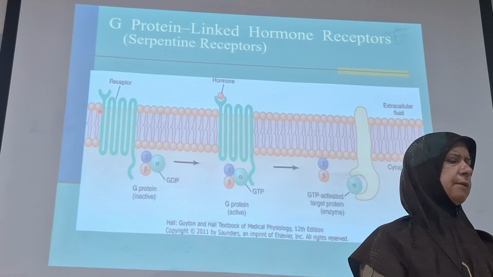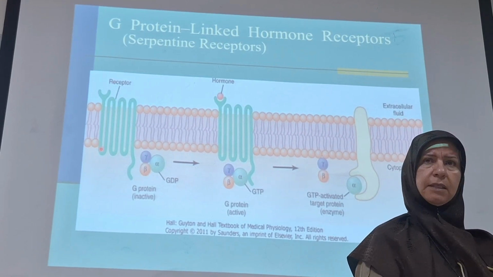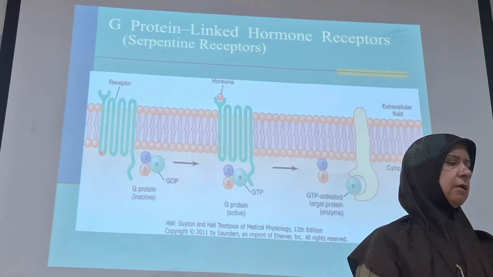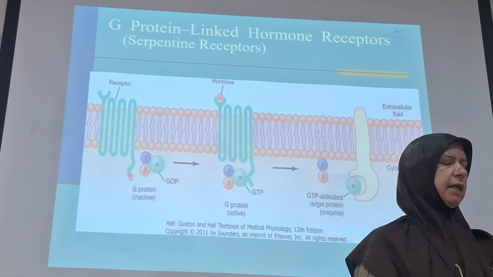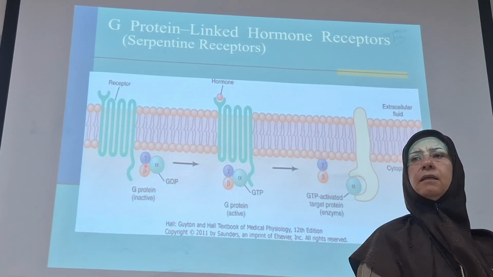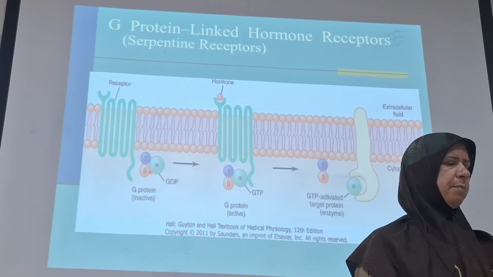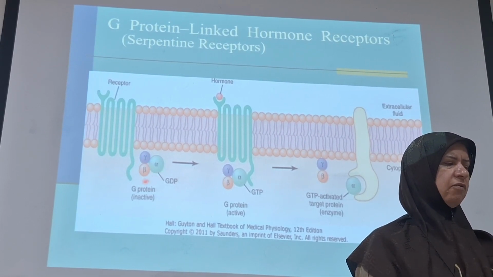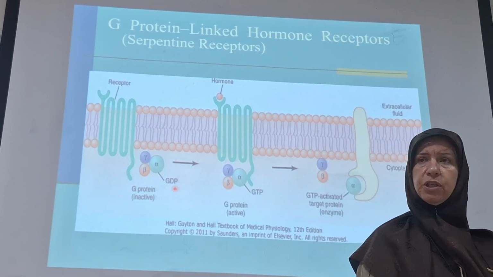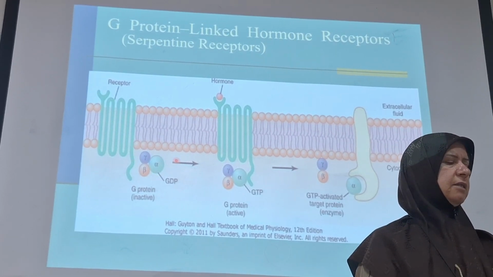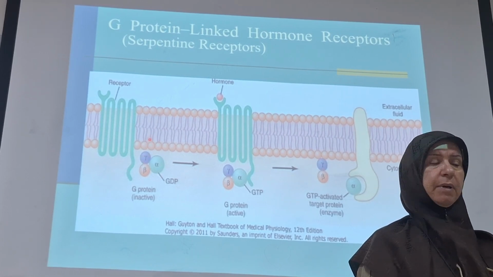You know about G protein coupled receptors, okay? These receptors have 7 transmembrane segments, looping out and in. The G protein is a trimer: alpha, beta, gamma. Alpha binds GDP, and this G protein sits inside the cell membrane.